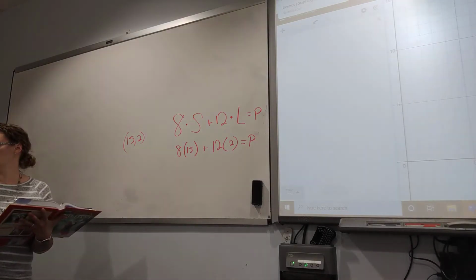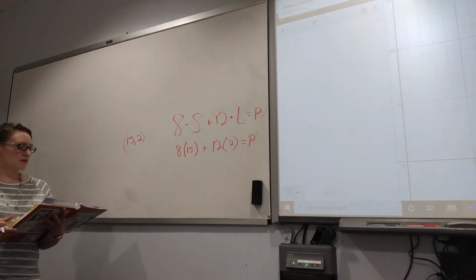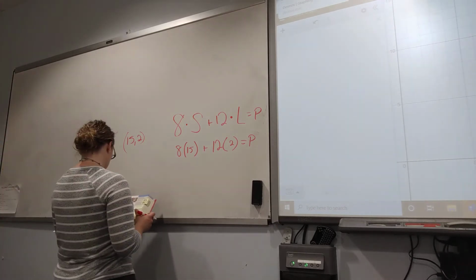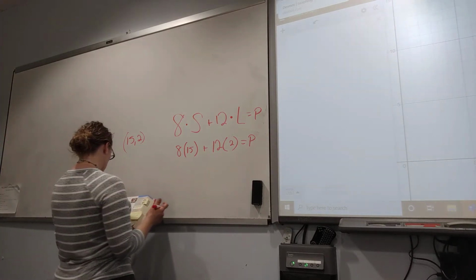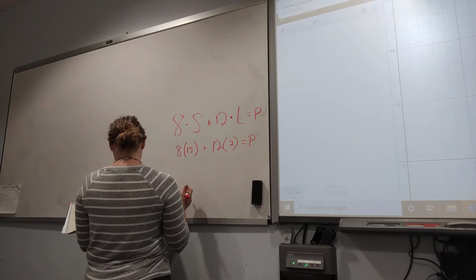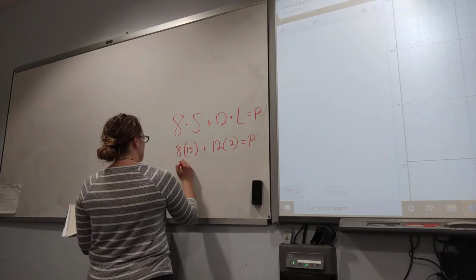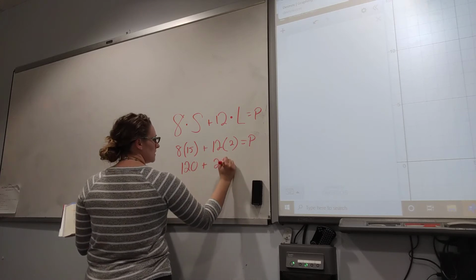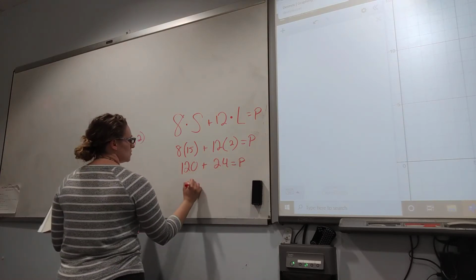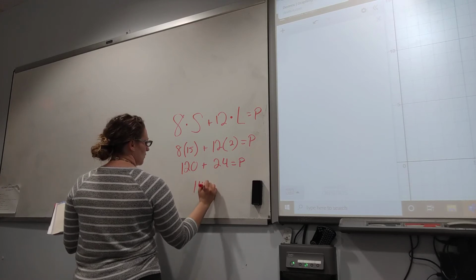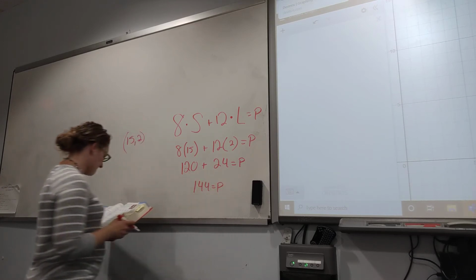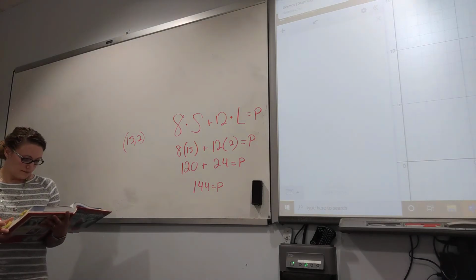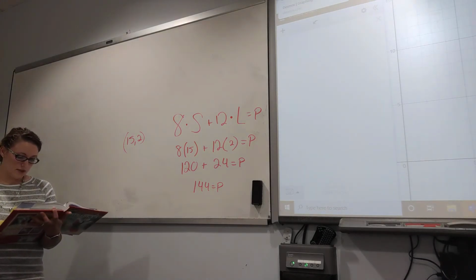Do you guys have your calculators? 8, I'm sorry, 8 times 15 is 120. And then 12 times 2 is 24. So you should have 144 equals P. Okay? So then you have to find the intercept of the graph.